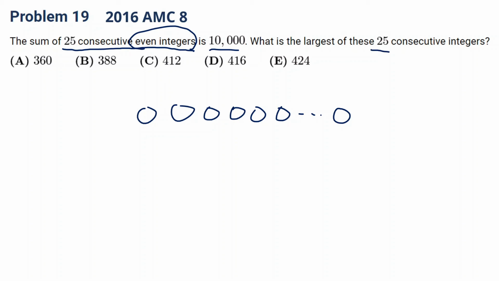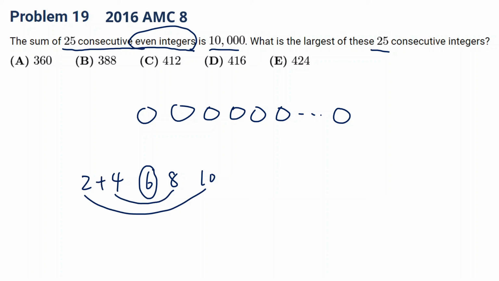So the property of consecutive integers, say even integers, say 2, 4, 6, 8, 10, is that the middle number will be the average of all the numbers. So for example, here you can see 2, 4, 6, 8, 10.